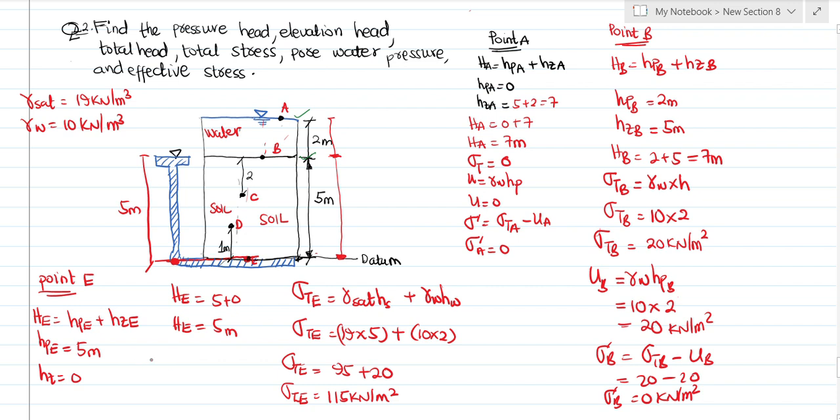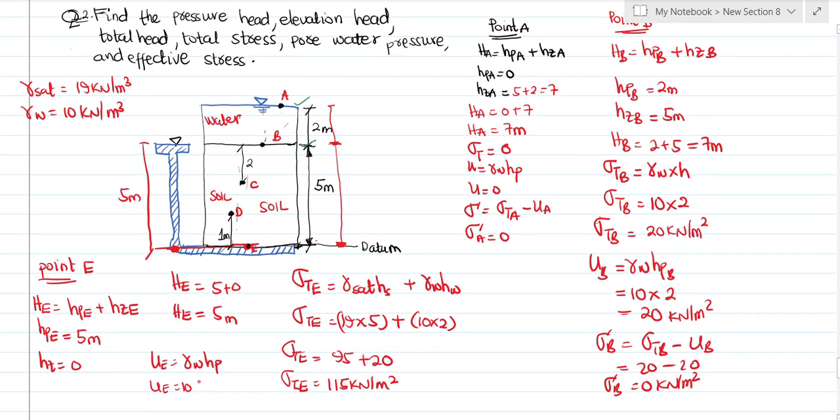Then we have to find the pore water pressure at E, which is equal to the unit weight of water times the pressure head. The unit weight of water is 10, the pressure head there is 5, and that will give us 50 kilonewton per meter squared. Now, if you want the effective stress at E, it is the total at E minus the pore water pressure at E. So the total we have is 115 minus 50.